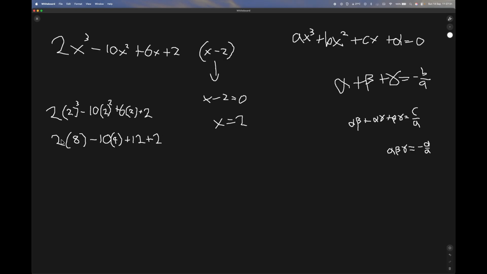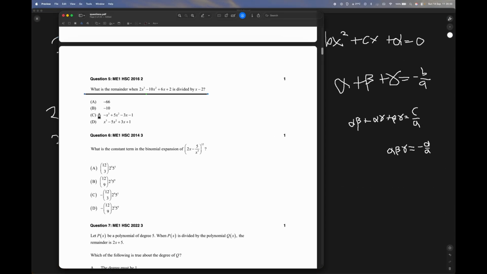So 2 times 8 is 16, minus 40, plus 12, plus 2 is plus 14. So 16 plus 14 is 30, minus 40 is equal to negative 10. So it's negative 10. There we go, B. That would be our answer for that.